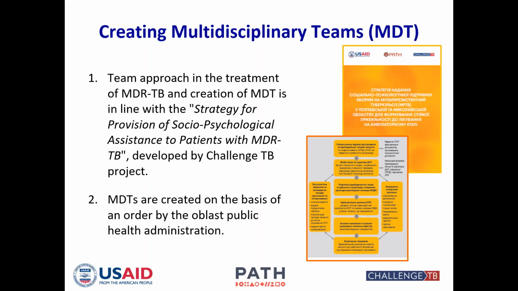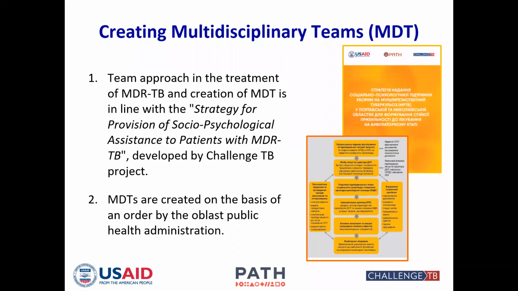According to this algorithm that you see on the slide, before discharging from the hospital, the attending TB doctor and the patient meet the social worker from the NGO, and they discuss and select optimal model for ambulatory treatment that is close to the patient home in a convenient location. Then this patient is assigned to a specific multidisciplinary team that is led by his TB doctor.